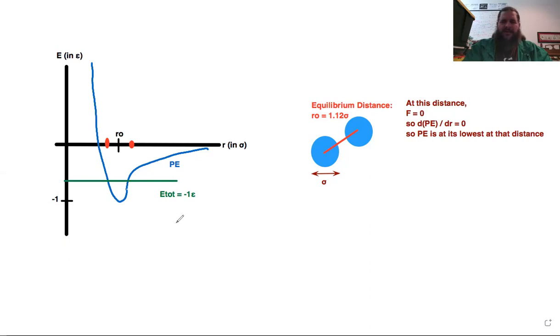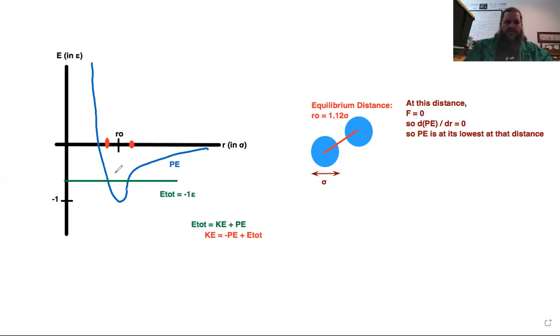Yeah, it's ultimately going to be a reflection of potential energy. Because if you actually solve for kinetic energy, we know E total is kinetic energy plus potential energy. If you isolate kinetic energy, you get negative potential energy plus E total. Potential energy is a graph of this curved shape. Negative potential energy would be that graph flipped upside down.